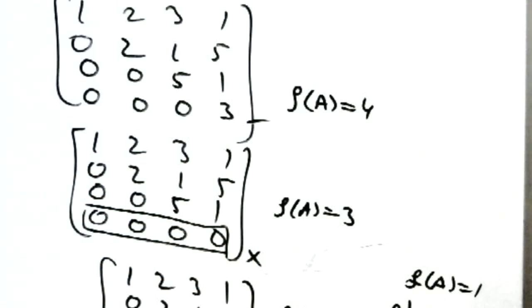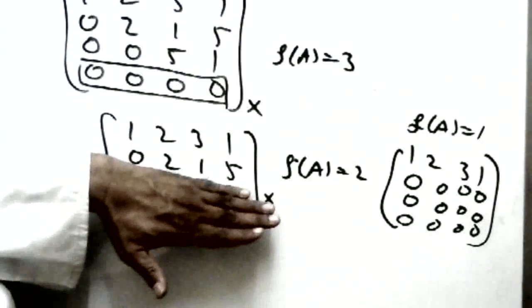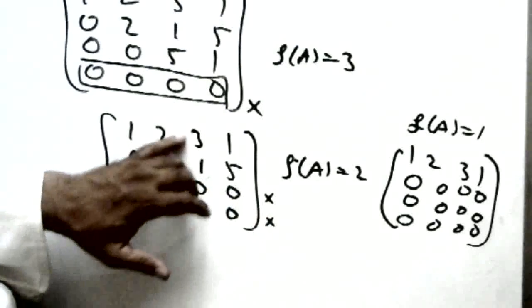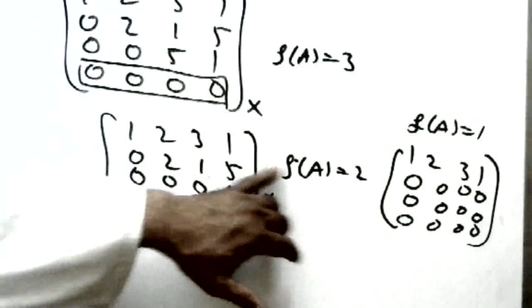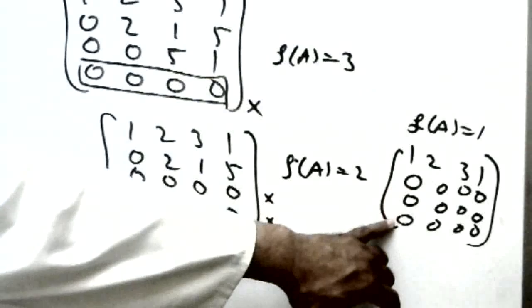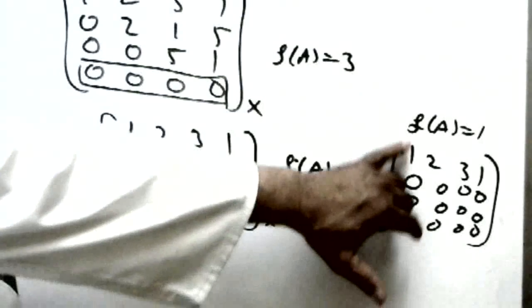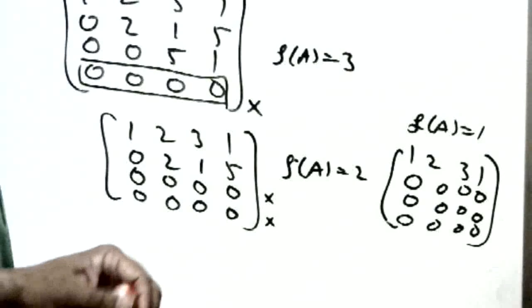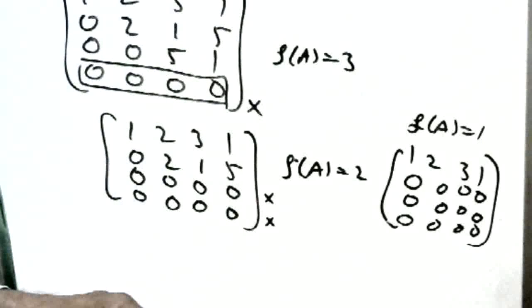How many non-zero rows are there? 3. So rank is 3. And sometimes this also becomes 0, like this. These 2 rows are zero rows, so we do not count them. So the rank is only 2. And it may also happen that only 1 row is left, so the rank will be 1. So let me do one question based on this method.